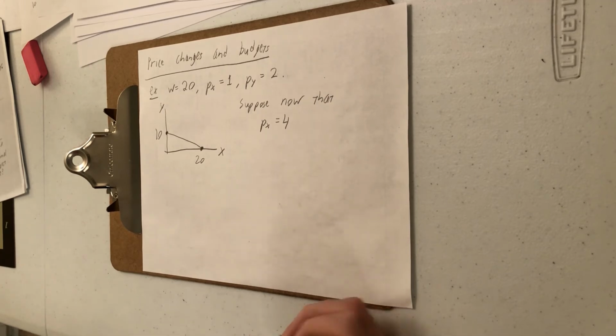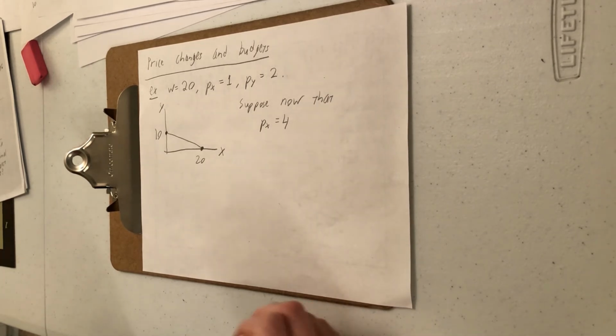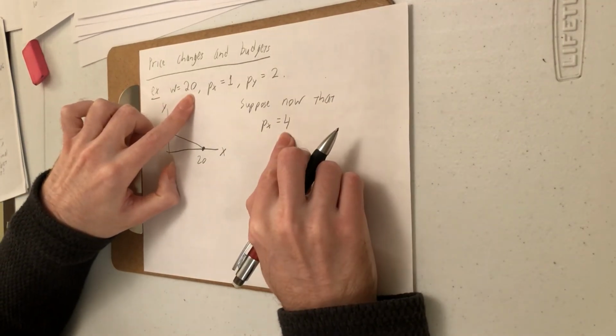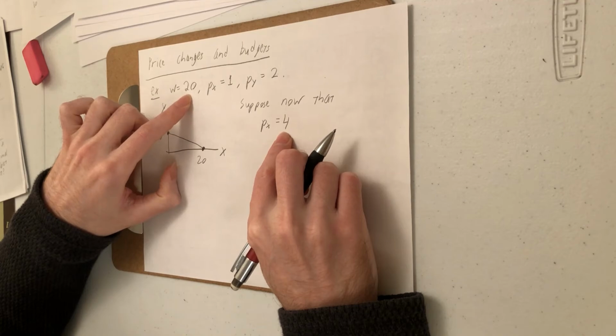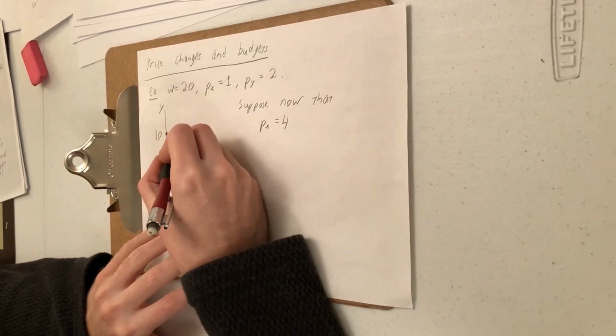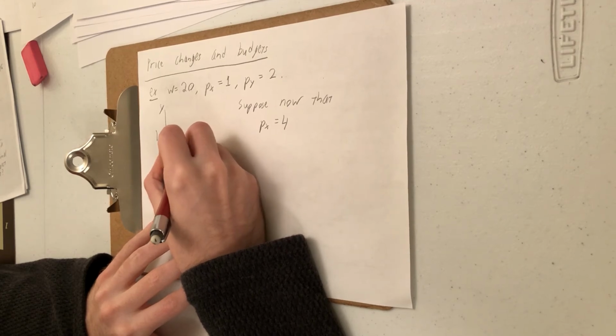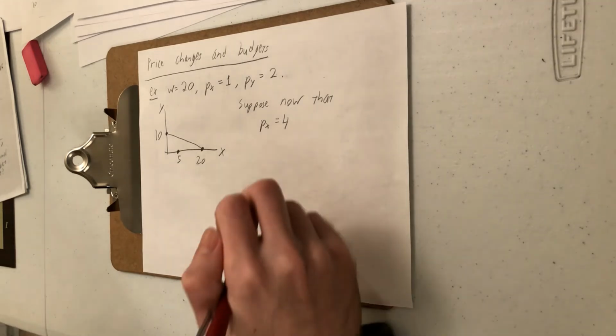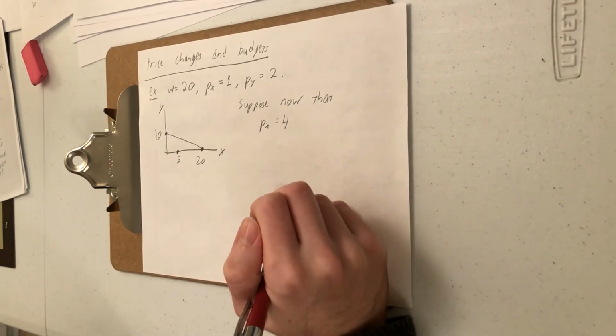So you follow your same procedure. If you spend all your money on X, how much could you buy? If I had $20 and the price is $4, the most that I could afford is 5. Next you ask, spend all your money on Y, how much could you afford?